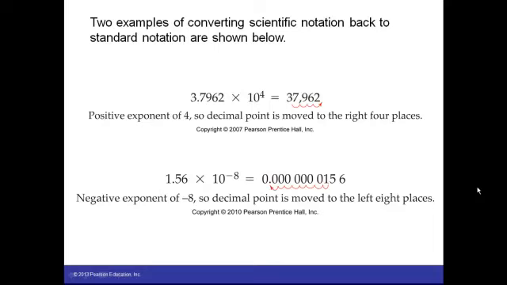In this case, when we're recovering this number, the -8 indicates that it's a very small number, so we have to move our decimal place to make this number very small. We move it out 8 places until we get 0.00000000156. And that is scientific notation.